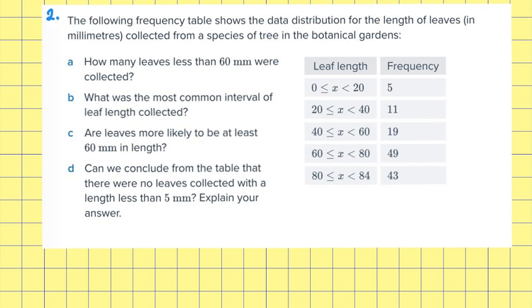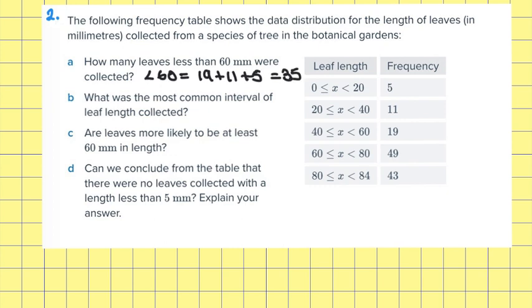Well, less than 60 millimeters is this group plus this group plus this group. So therefore we have less than 60 is equal to 19 plus 11 plus 5, which is 35.